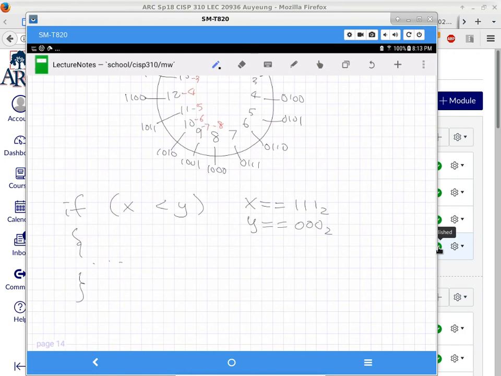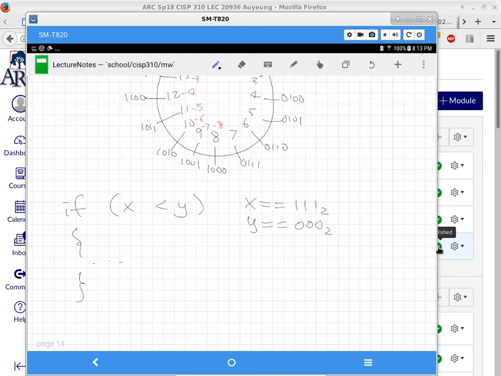So now suddenly you go like, oh, how should we interpret 1, 1, 1? Because 1, 1, 1 can be interpreted unsigned as the value of 7, but it can also be interpreted using the signed interpretation as -1. 0, 0, 0 always represents the value of 0.